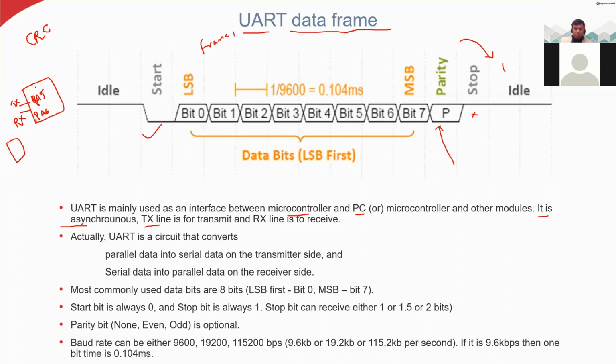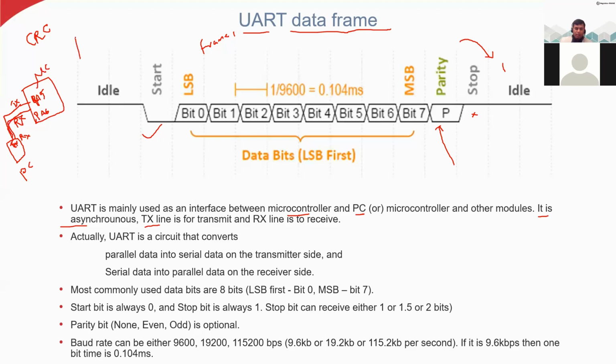This is the microcontroller and this is my PC. In my PC also I have a transmitter and receiver, because this is a bidirectional communication. This transmitter is connected to the receiver of this microcontroller.